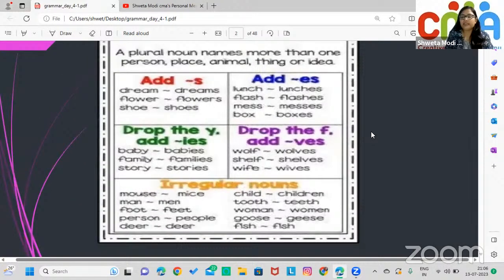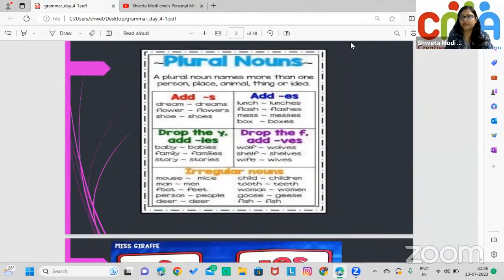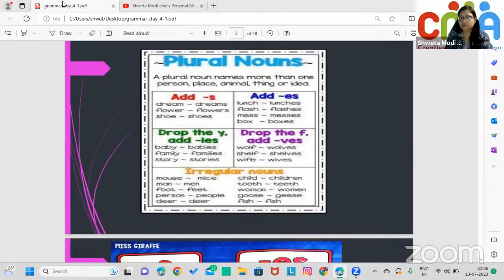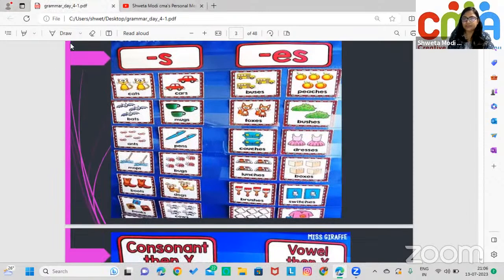If there is a consonant before y, then we remove y and add ies, and we remove f and put ves. And we have done irregular plurals, where the spelling is changed or is the same. So these are the examples.